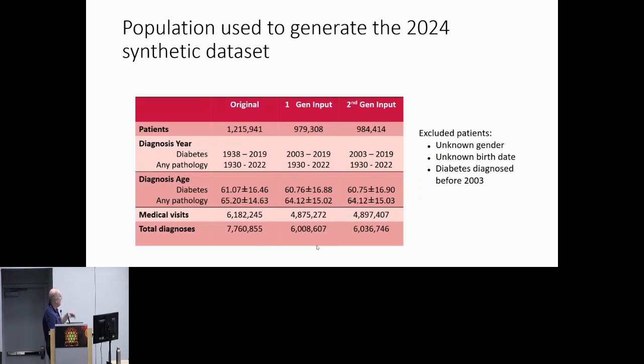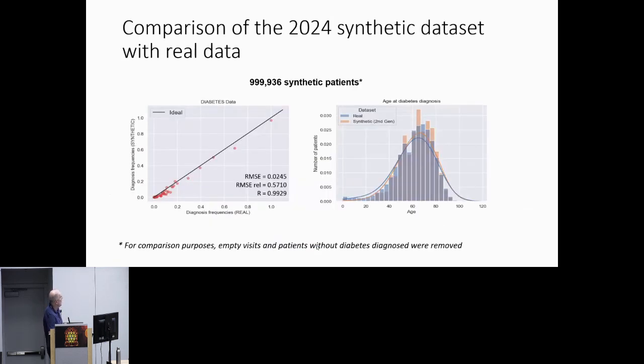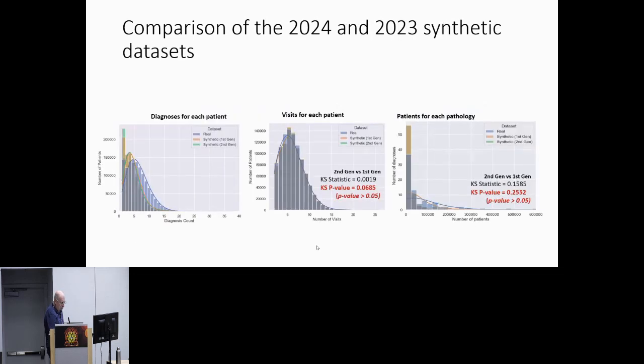So this is the number of patients that we have used, and these are again the correlation between the diagnosis frequencies in the real data and not real data. And these are more or less what I showed you before. We have more or less the same problems, but at the end, what we have is more resolution in the data.